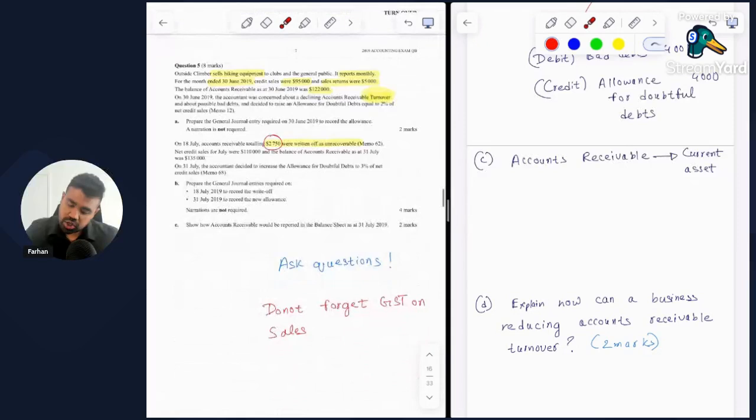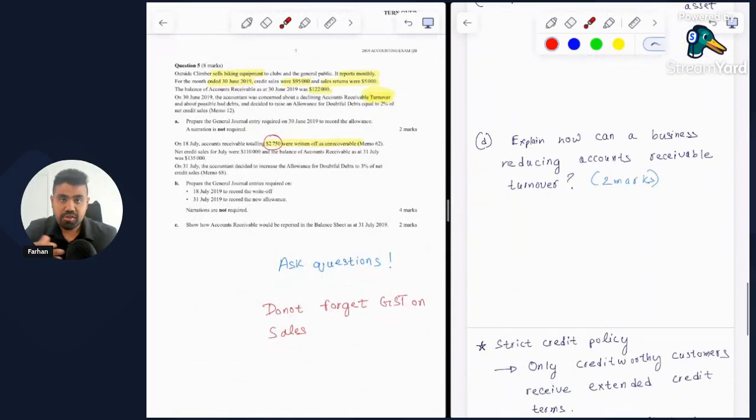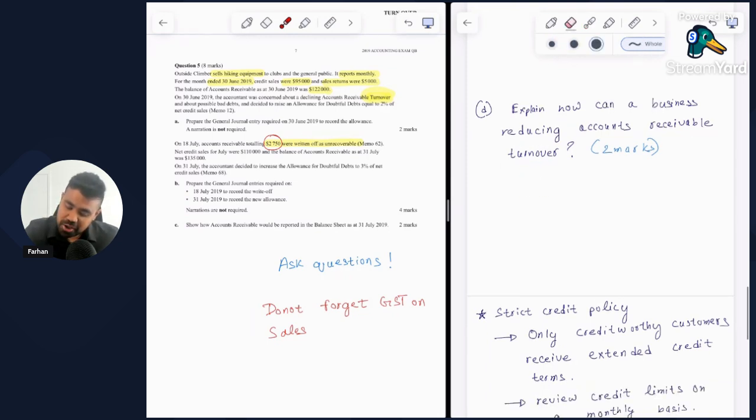All right, so before you go, I have a discussion question that I need you to answer, which is going to help you in the exam in case you get something similar, and is also going to train you on how to answer similar questions in the exam on November 13. My question to you is, explain how a business can take care of its reducing accounts receivable turnover? I think I've written the question wrong here, so let me fix it.